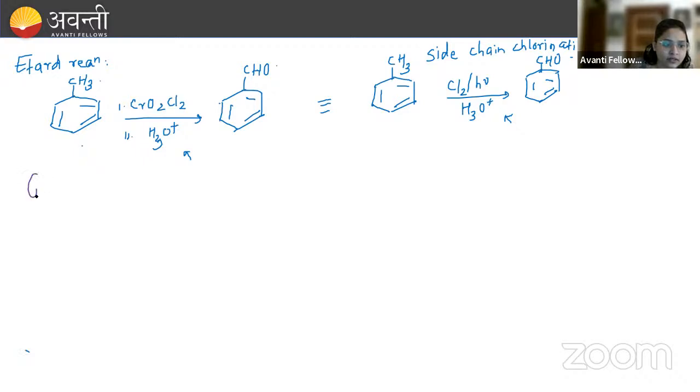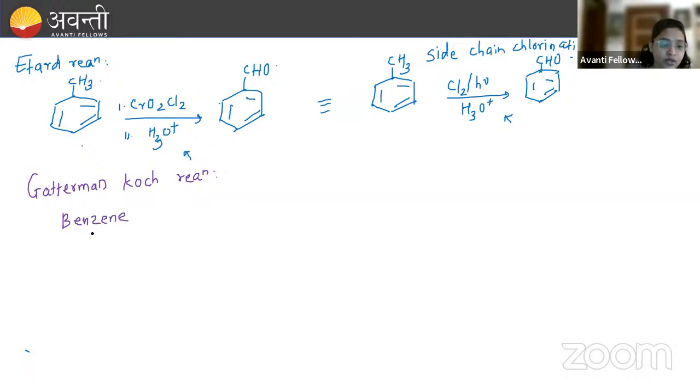Next, you must have heard this reaction, Gatterman Koch reaction. So here, what is the product? Benzene is our reactant molecule. Please remember in Gatterman Koch reaction, which is the reactant molecule.